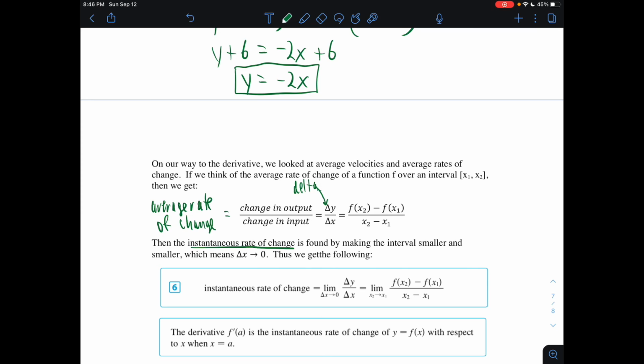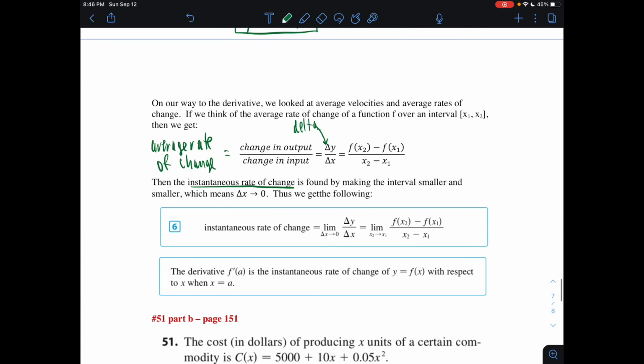Thus, we get the following. Instantaneous rate of change, in general, is equal to the limit as delta x approaches 0 of delta y divided by delta x. You could also write this using the difference quotient as the limit as x2 approaches x1 of (f(x2) - f(x1)) divided by (x2 - x1).